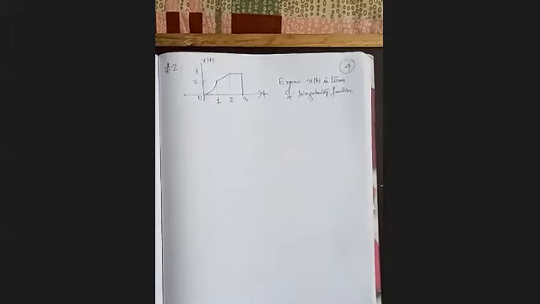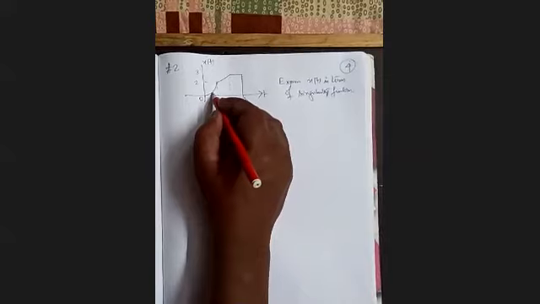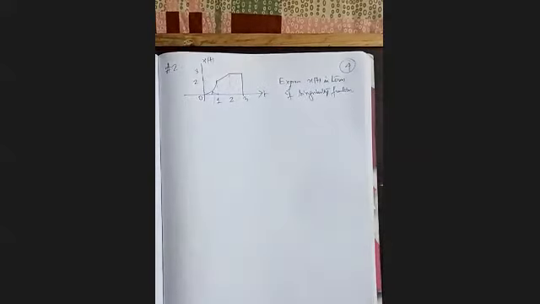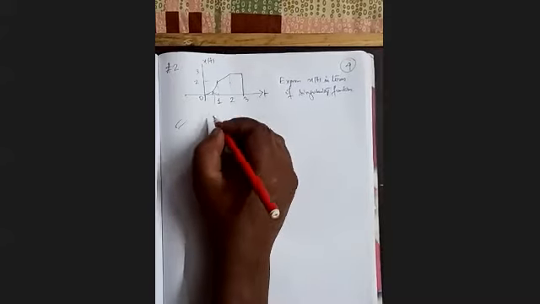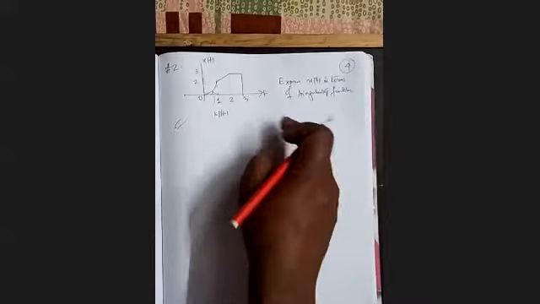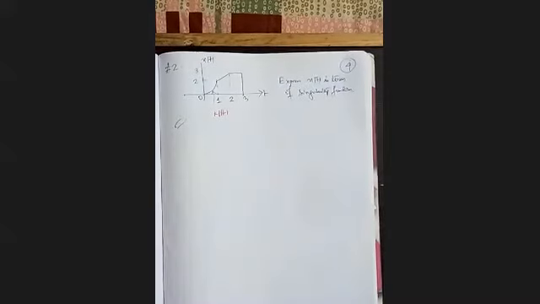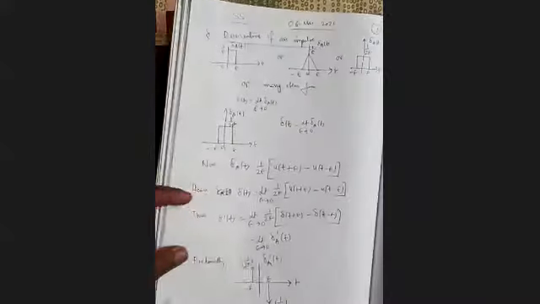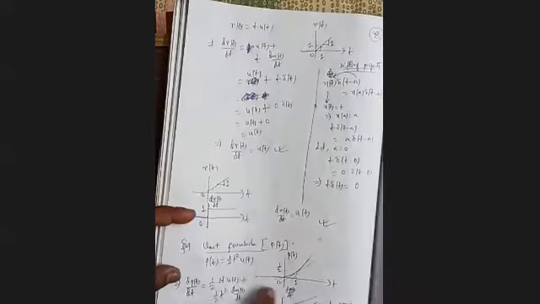Now, first we want to see that this is a parabolic function. Okay, we want to solve it. So it's a parabolic function. We write it as K times p(t), where K is a constant. Now for the unit parabola, we know it is half t square.